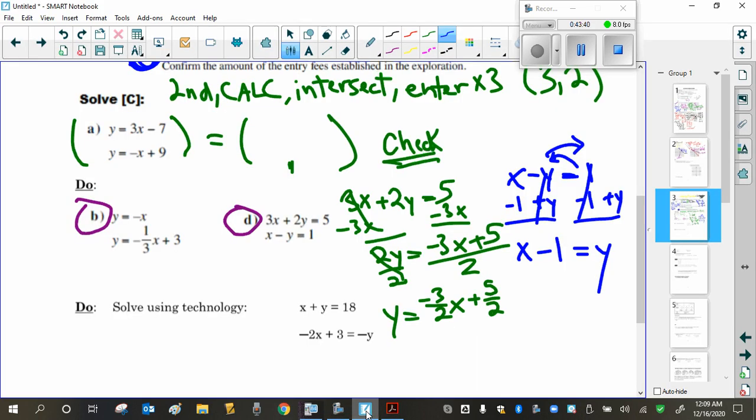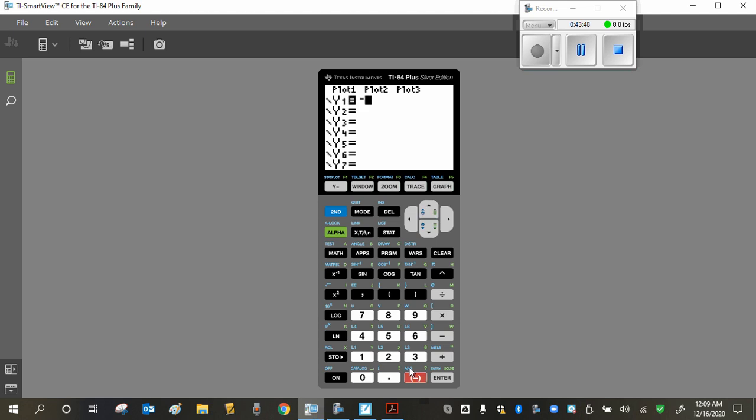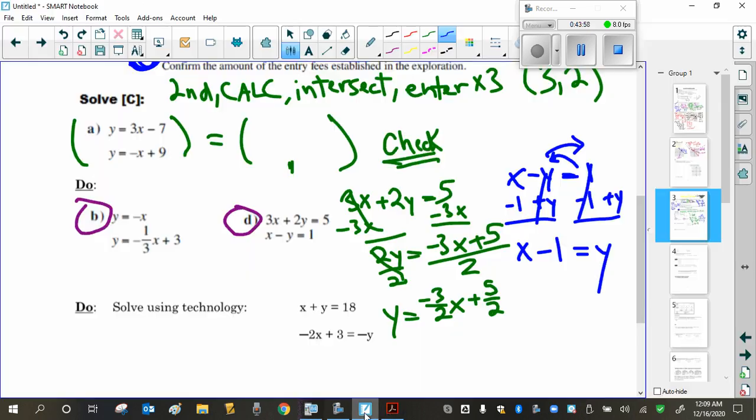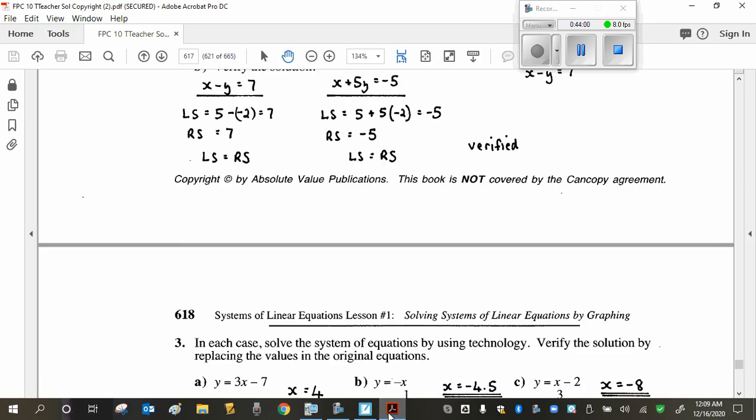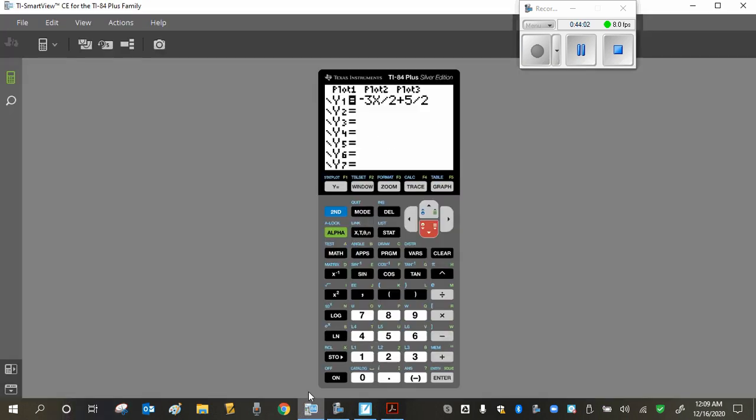We got negative 3 halves x plus 5 halves, 5 over 2. Next one is x subtract 1.